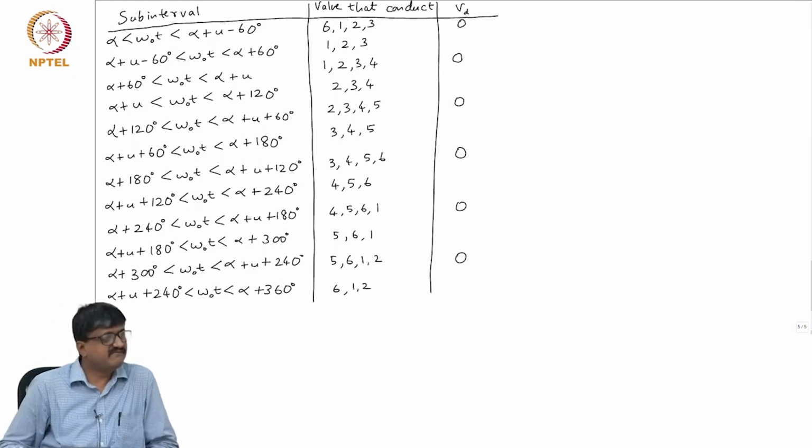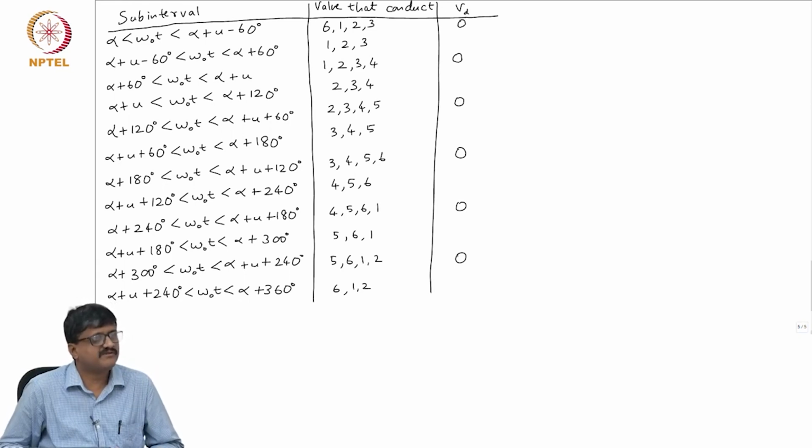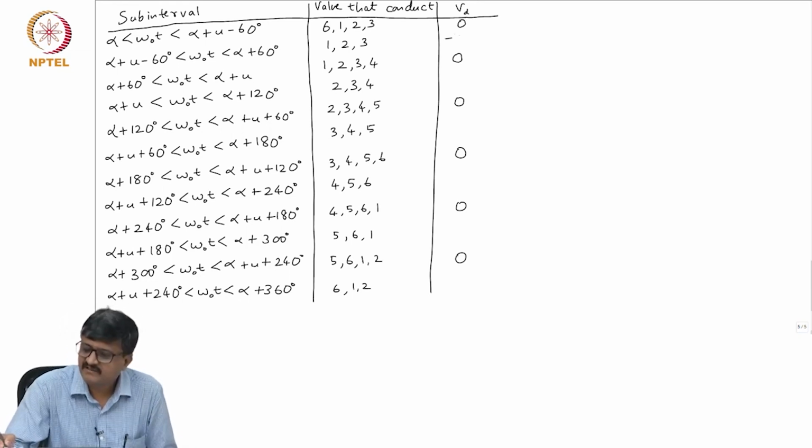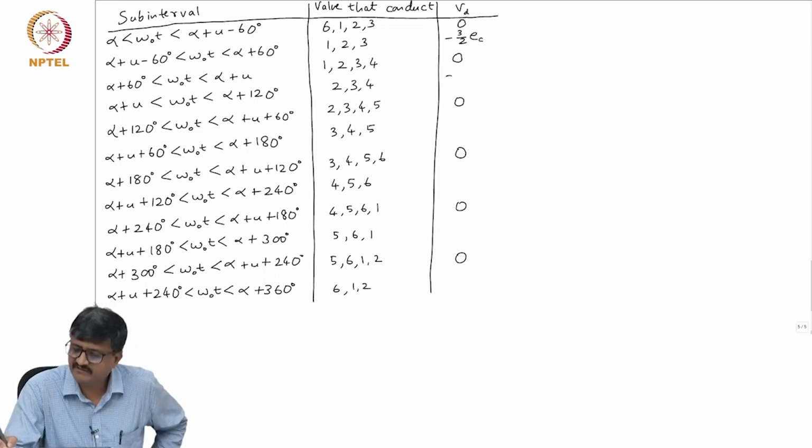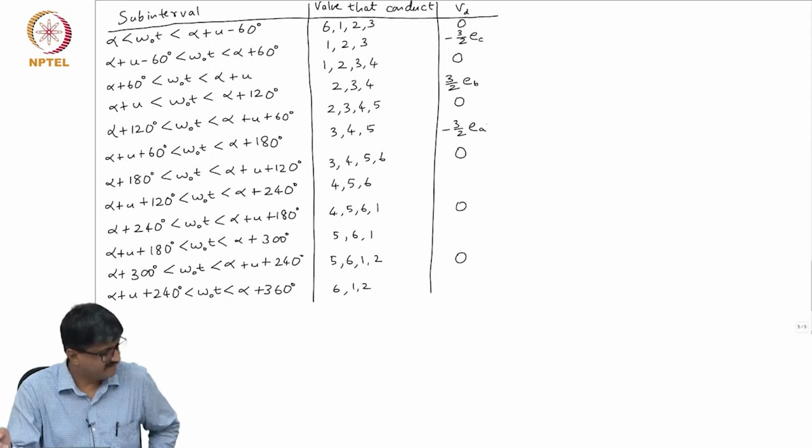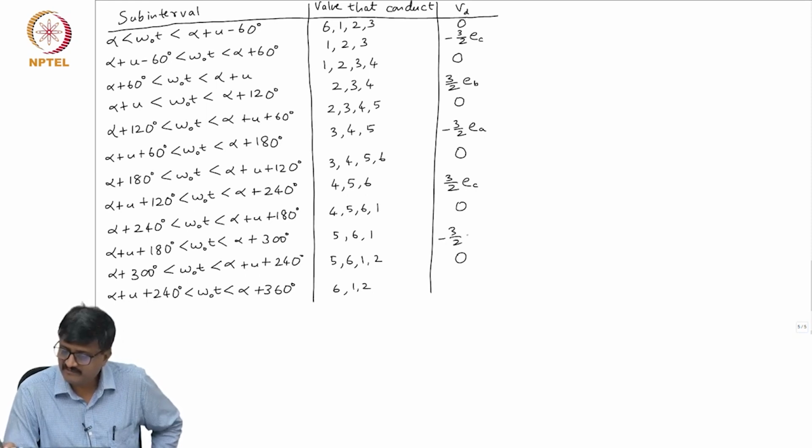What is Vd? We have derived this for 2 and 3 valve conduction mode. The expression for Vd is just dependent on which valves are conducting, that's all. So it is minus 3 by 2 Ec, 3 by 2 Eb minus 3 by 2 Ea, 3 by 2 Ec minus 3 by 2 Eb and 3 by 2 Ea.